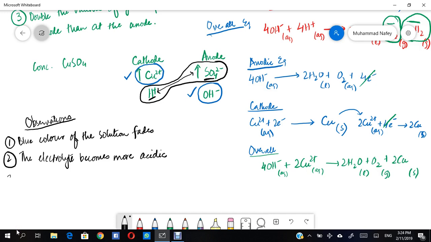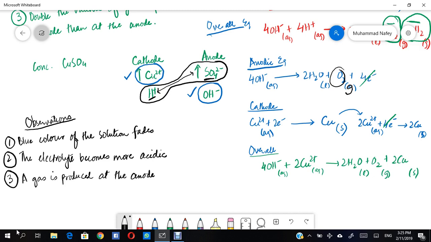The third observation. Let's take a look at the anode. A gas is being produced. So we can say that a gas is produced at the anode. And sometimes it's really helpful if you write the test for that gas as well. So to be more complete, we can say a gas is produced at the anode.